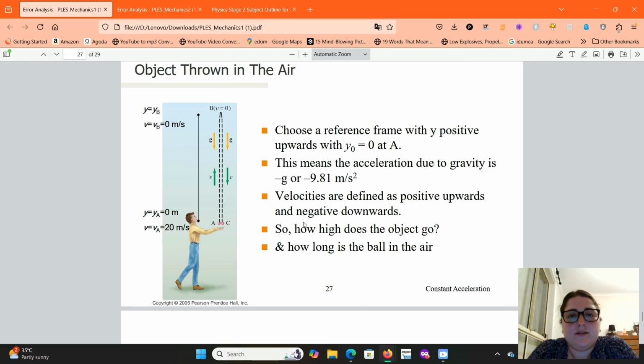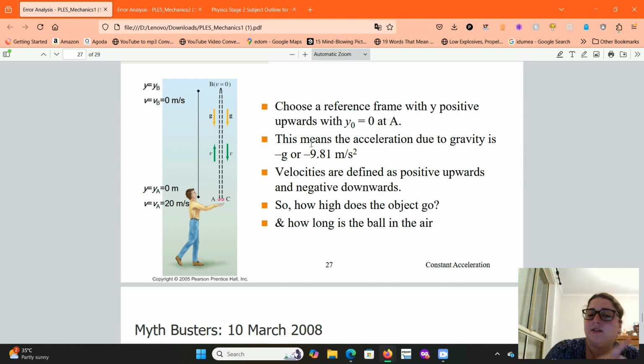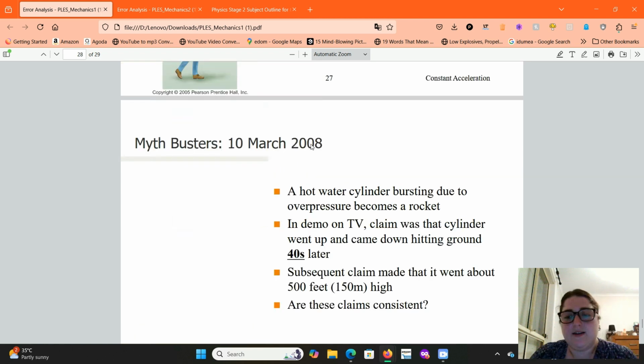Okay. So choose a reference frame with y positive with y 0 as 0 equals a. This means that the acceleration due to gravity is negative 9.8. Velocities are defined as positive upwards and negative downwards, so how high would it go and how long is the ball in the air? You can figure this out using the equations that we looked further back at.